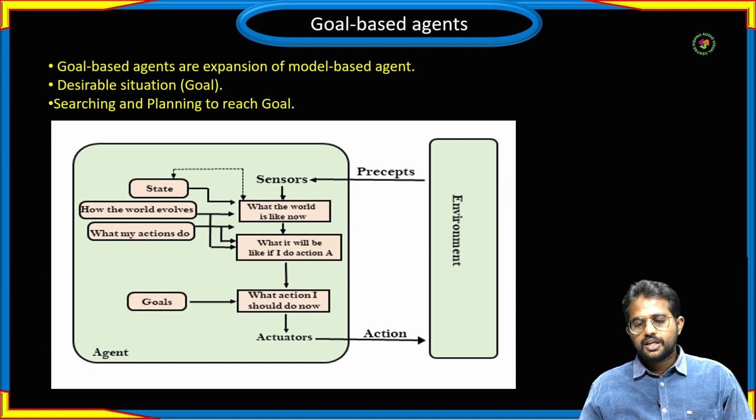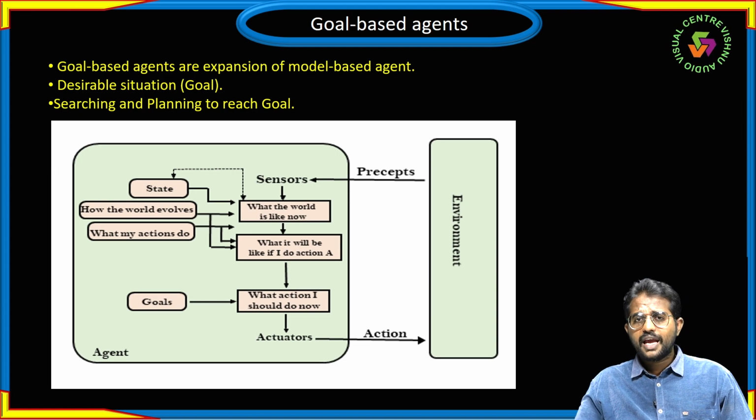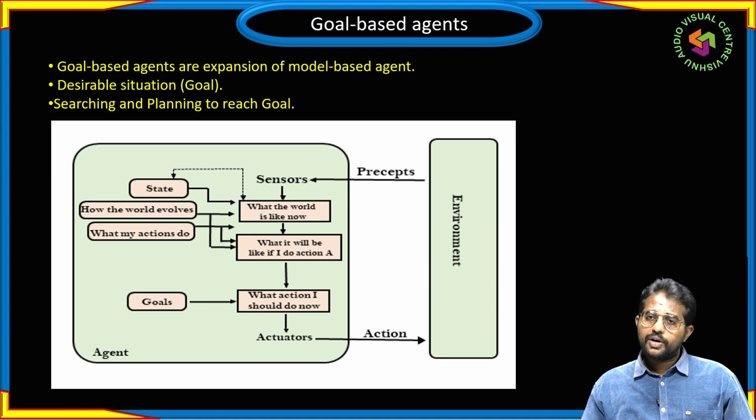Next agents are the goal based agents. Up to now we have seen the simple reflex agent and the model based reflex agent. These agents take actions based on the perception data and the history of the data. But by performing those actions, whether I am going towards the goal or not, I don't know about that situation.